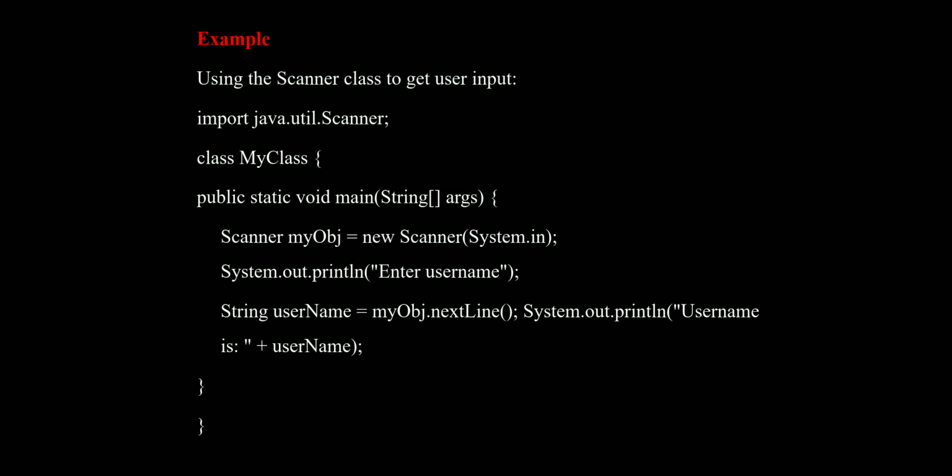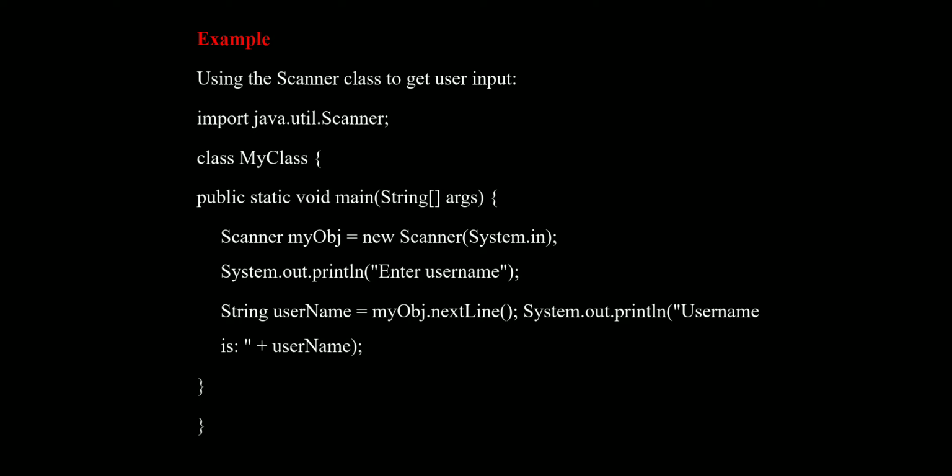Here is one example of how to import the class, using the Scanner class to get the input. First they import the java.util.Scanner package. java.util is a package, and Scanner is a class which already exists in the java.util package.